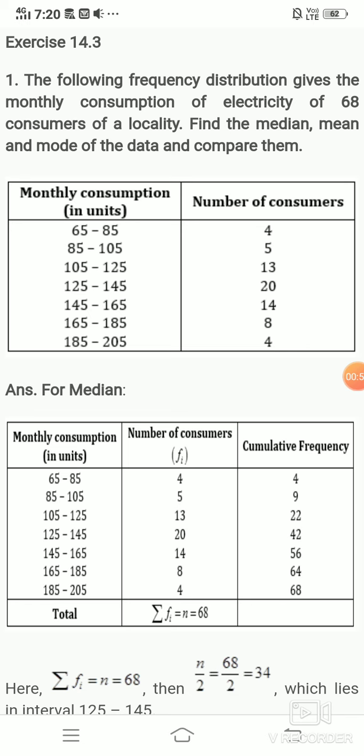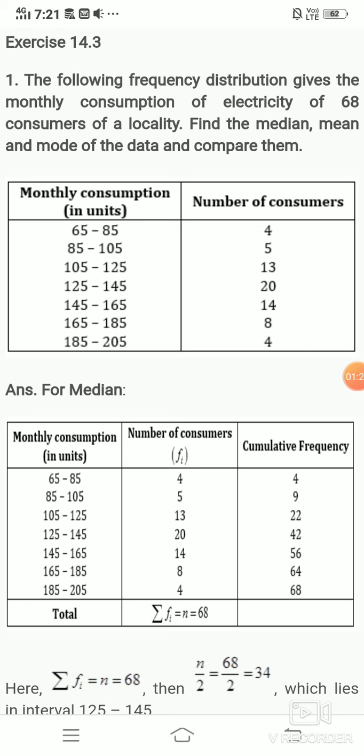Use the cumulative frequency, class interval and frequency by using n by 2. How can we identify it? Just the next value after n by 2 in the cumulative frequency gives the corresponding class interval. So using this you may find all those things.